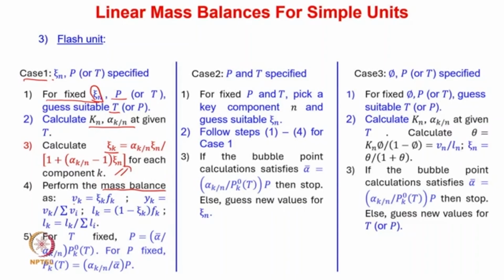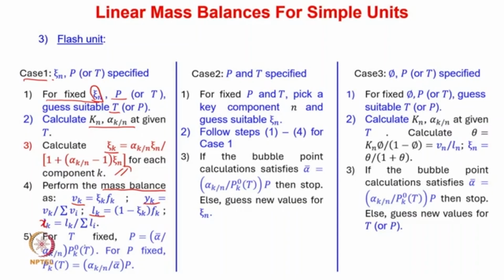So you can find out what will be the molar flow rate of the vapor. We can find out the mole fraction of the kth component in the vapor. We can also find out the molar flow rate of the kth component in the liquid, and also we can calculate xk. So we can calculate xk here. xk is given as lk divided by summation of li.